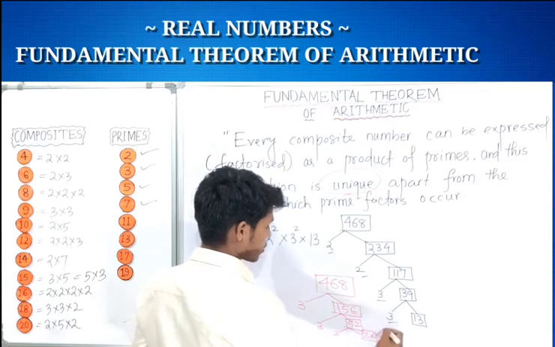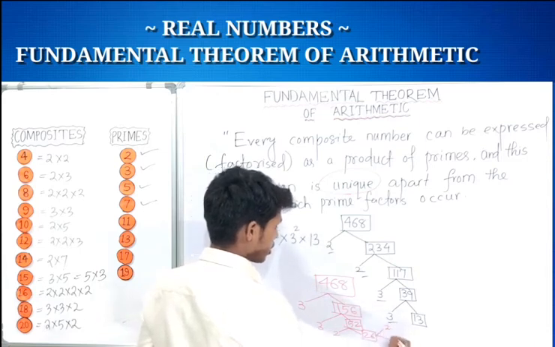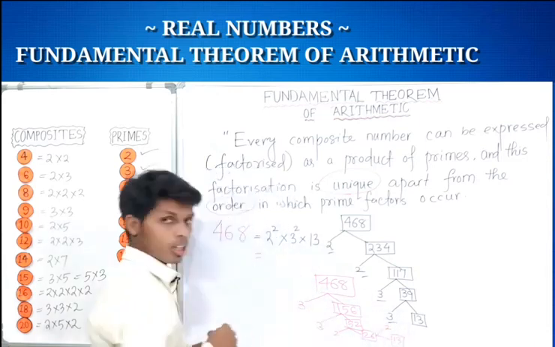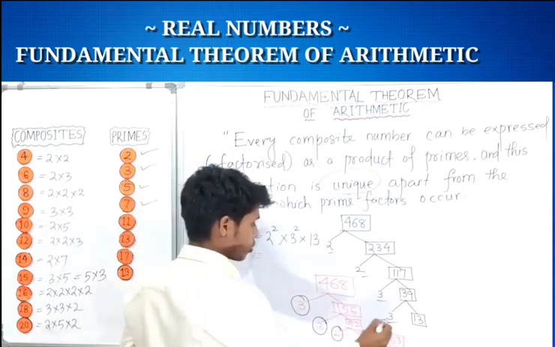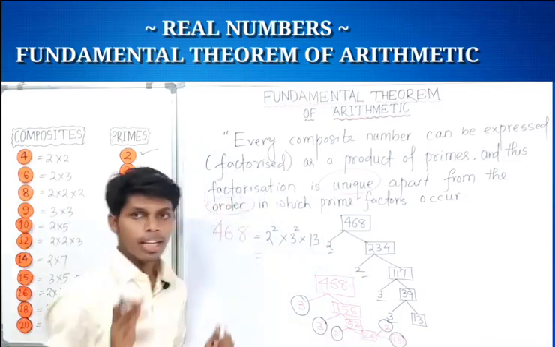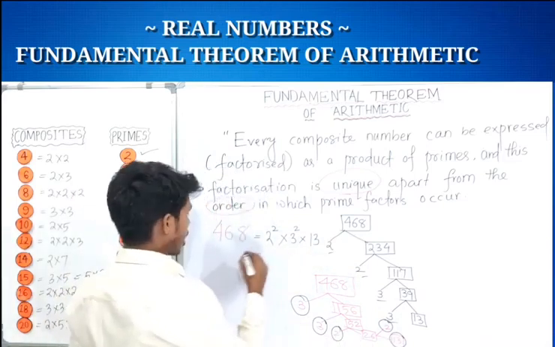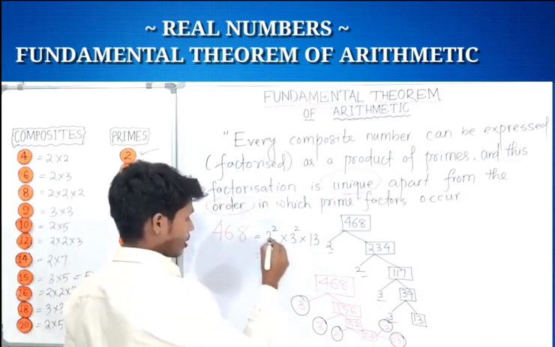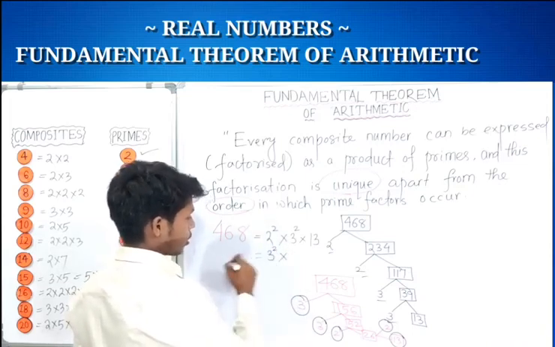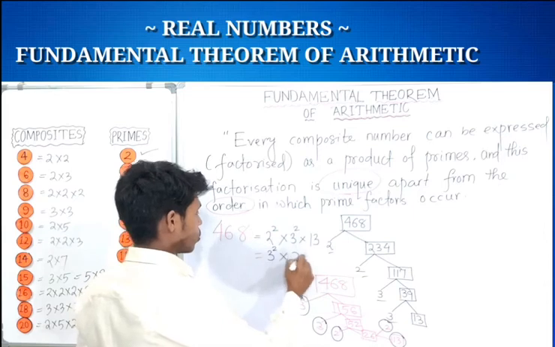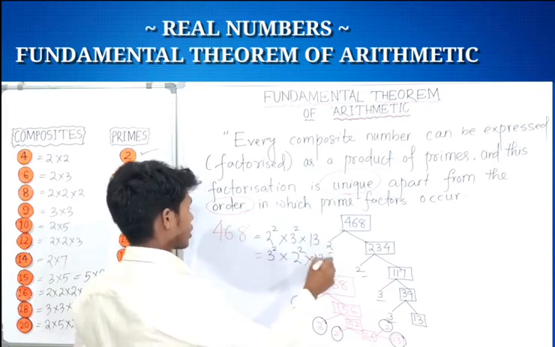If we divide 26 by 2, we will get 13. So here we again got 2 threes, 2 twos and 1 thirteen. So it can now be written as 3 squared. Firstly we had got 3, so I wrote 3 first, then 2 squared and again 13.